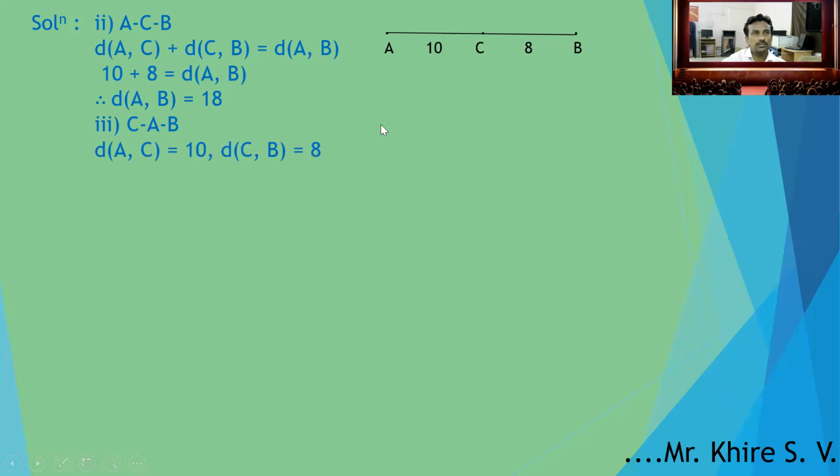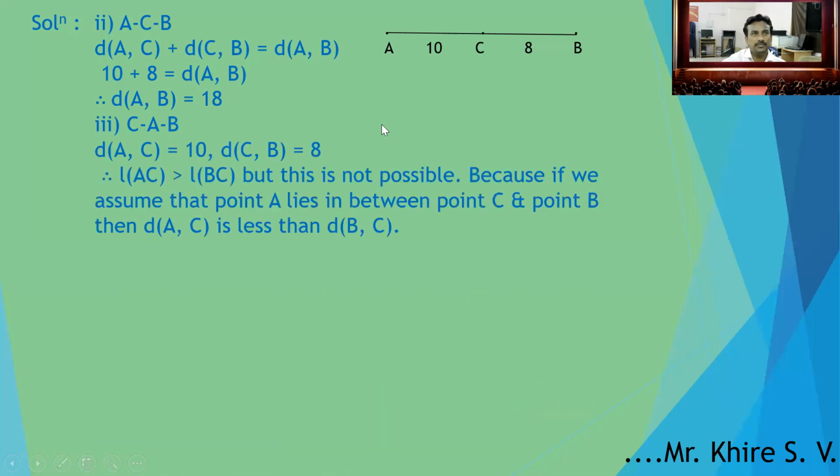A third possibility is also there, C-A-B, that is distance AC is equal to 10 and distance CB is equal to 8. But length AC is greater than length BC. But this is not possible because we assume that point A lies in between point C and point B, then distance AC would be less than distance BC.